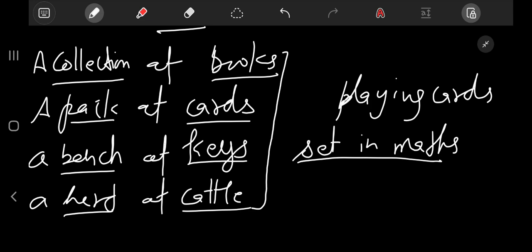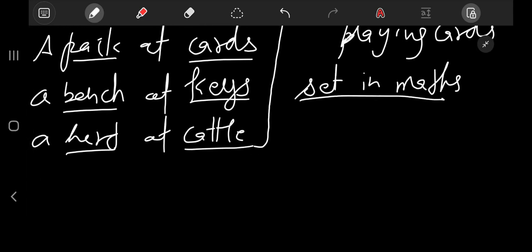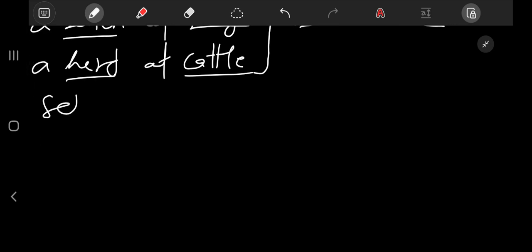Okay, and now these are sets of a particular type of object. If we discuss the proper definition of set, what do we mean by a set in mathematical language? A set. Okay, what do we mean by a set?